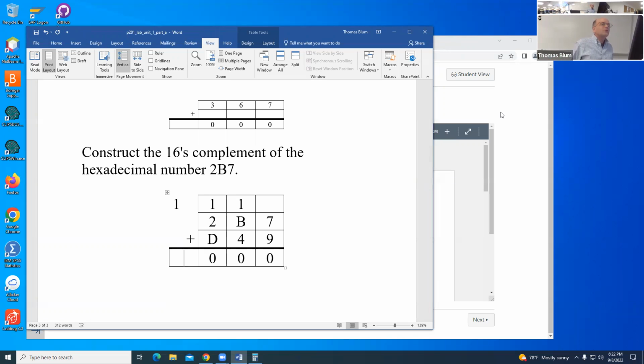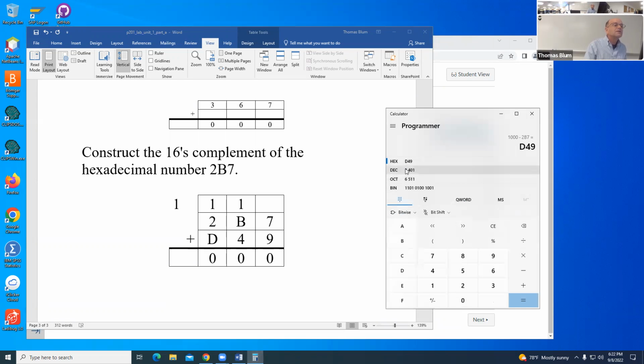So if we were in decimal mode, we can get the 10's complement. If we were in binary mode, we could play the game to get the 2's complement, but we know another method for the 2's complement: exchange 1s and 0s and add a 1.